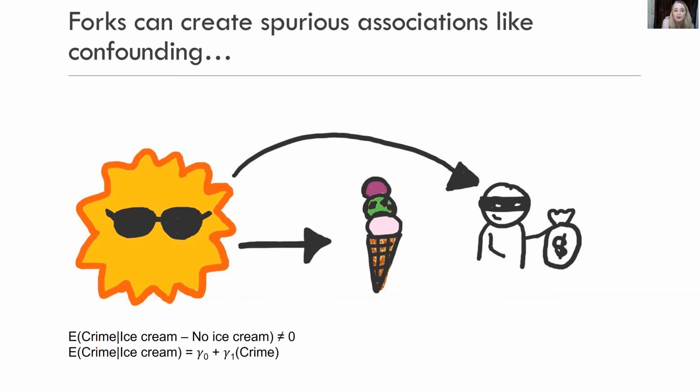And what this means is that if we were to just look in our data at the relationship between ice cream and crime, so comparing the expected rate of crime if nobody eats ice cream with the expected rate of crime if people are eating ice cream, if we just look at that in a crude association in our study, we'll see a relationship. That expected difference will not be zero. If we run a regression model where crime is our outcome and we put ice cream in our model, then we'll see a relationship. But that doesn't mean that ice cream causes crime.